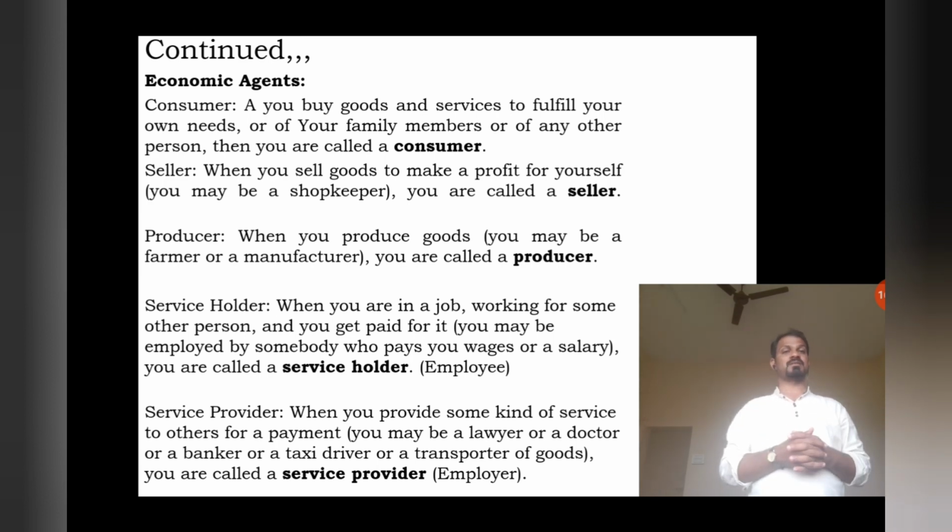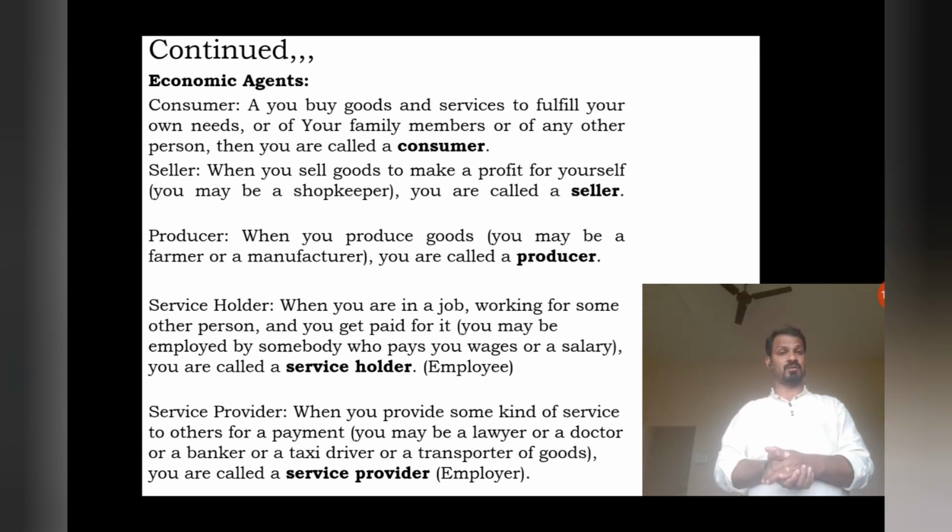In the Vishal Mart, the owner will be called the seller, because he has built the Vishal Mart to make a profit. That's why we can call that kind of person a seller. I repeat once again, a seller is a person who sells goods and services to make a profit.